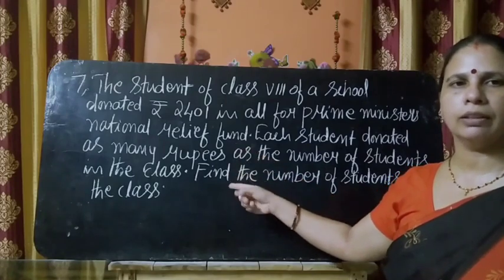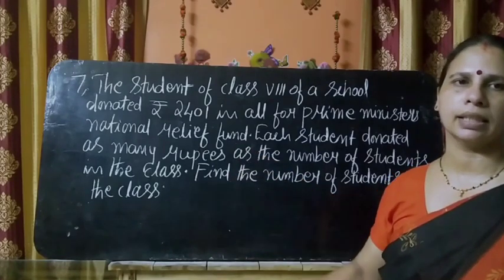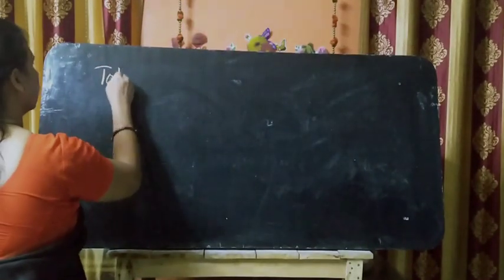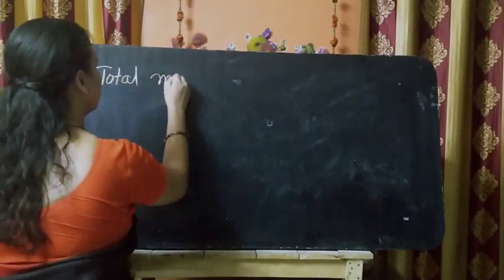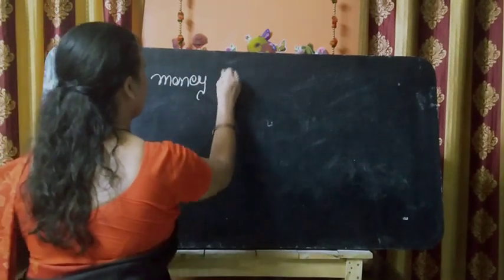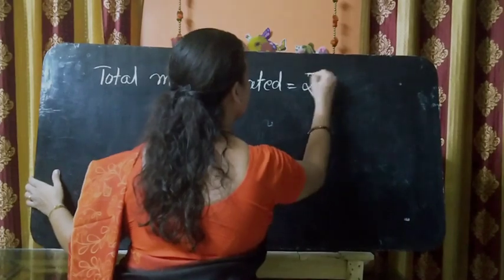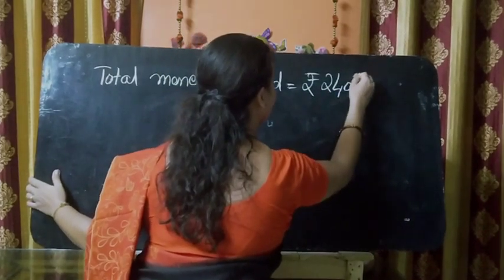We have to find out how many students are in that class. In this type of question, we have to find out the square root of the given number. Here, total money donated equals rupees 2401.